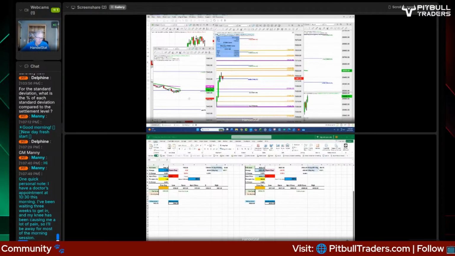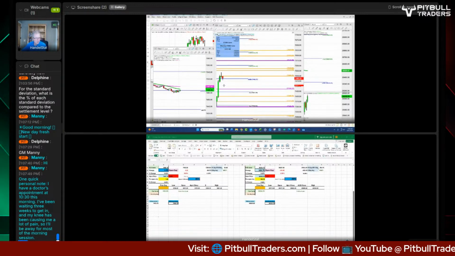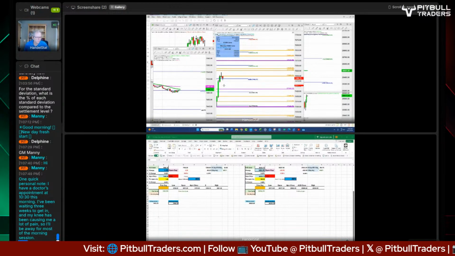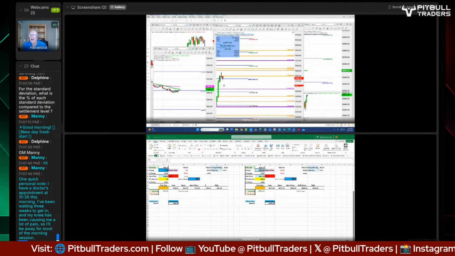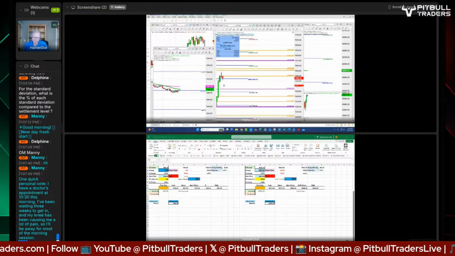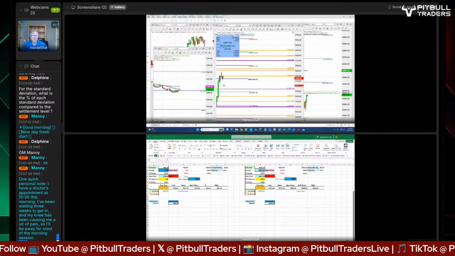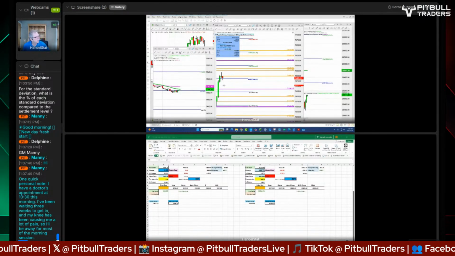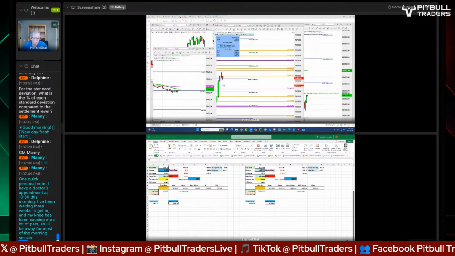Yes, same thing. Remember, it's got a really small gap, so it already filled it. I'm still thinking in terms of the NAS is going to go down and fill that gap. I really think it's going to.